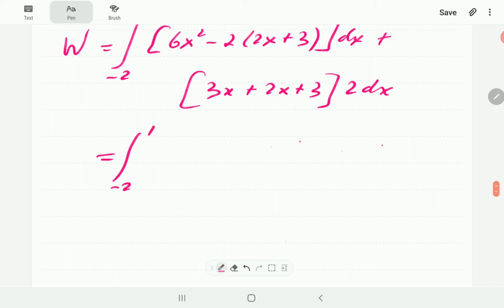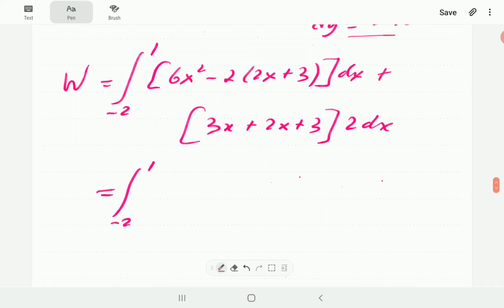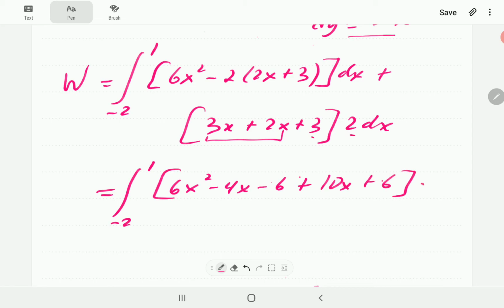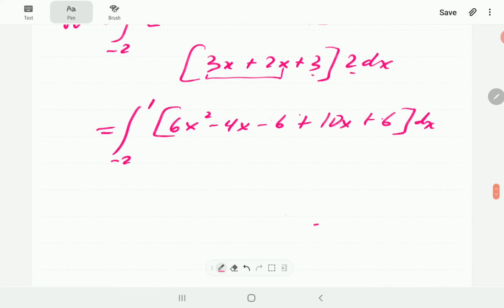definite integral. Okay, if we simplify the first set of brackets, we're going to have 6x squared minus 4x minus 6. From the second set of brackets, this is going to be 5 times 2, so that's going to be 10x, and then 3 times 2 is 6 dx.